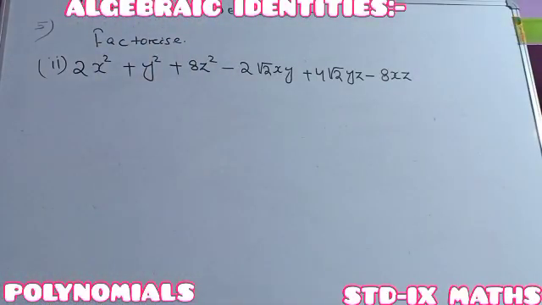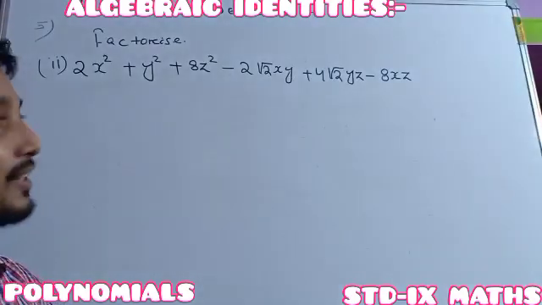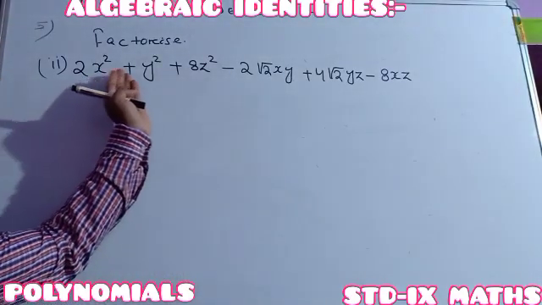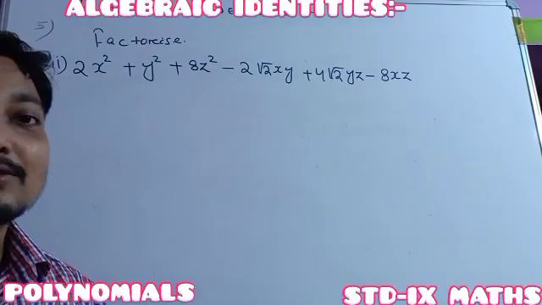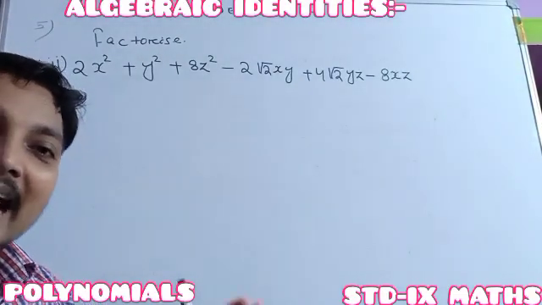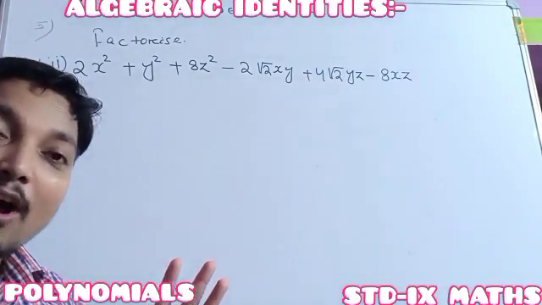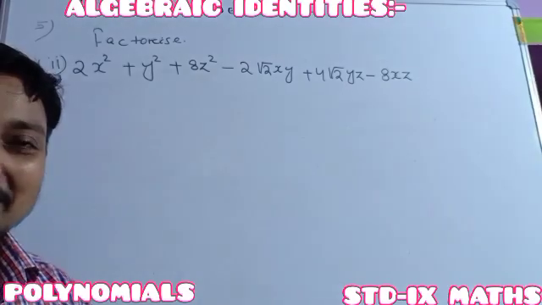See the question number 5(ii). In the question number 5(ii), it is asked that you have to factorize. So factorize means the expansion form is given. See, in the expansion form, the number of terms is 6. So where you got the number of terms is 6? Few of the algebraic identities we have already discussed. 5 algebraic identities of degree 2 we have already done so far.